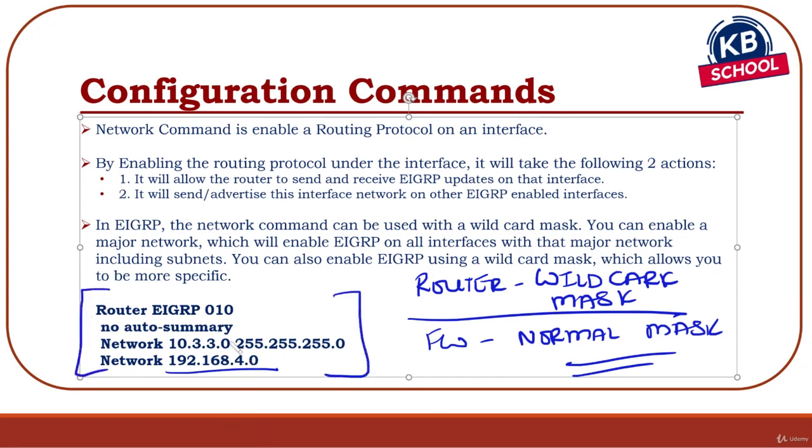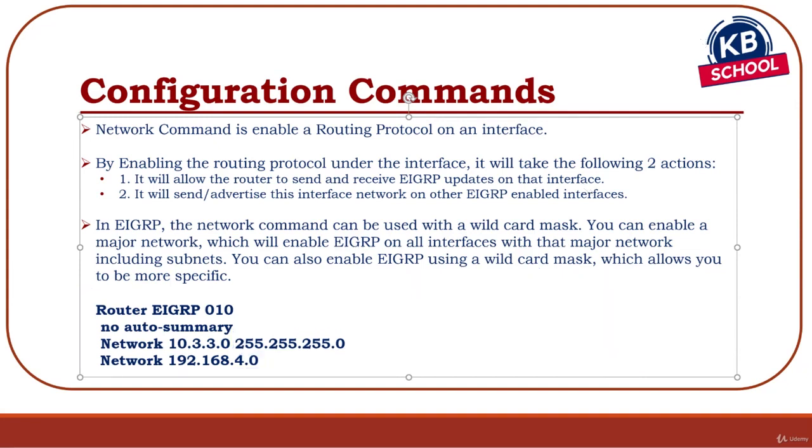The only difference is that I do use the normal mask versus the wildcard mask on the ASA firewall. You can also enable it by using a normal mask, which allows you to be more specific, which is exactly what we did over here.